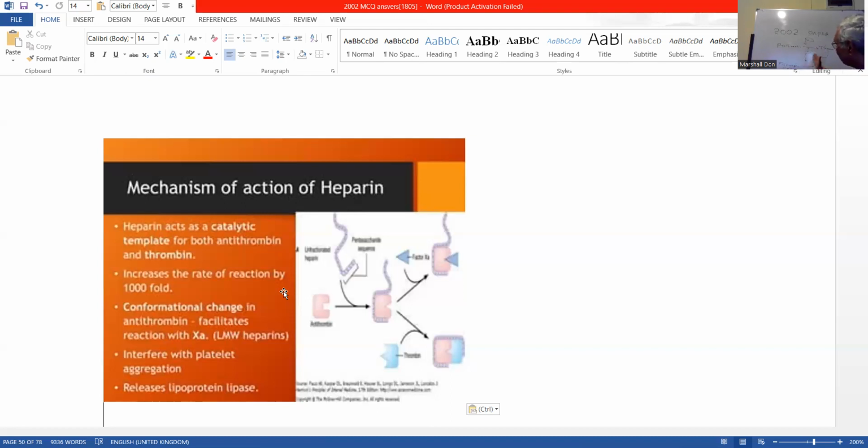So blood never clots because antithrombin action is now very fast because of heparin. That is what it says here also. This is not that clear. Increased rate of reaction by 1,000-fold. That is, the action of antithrombin 3 is increased. You have to know that.